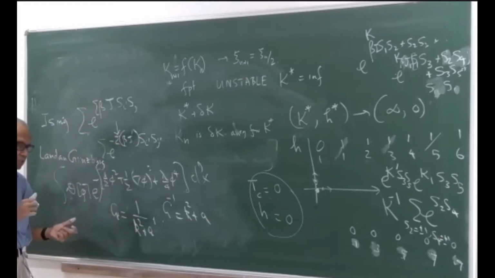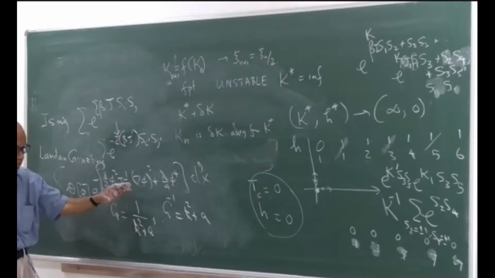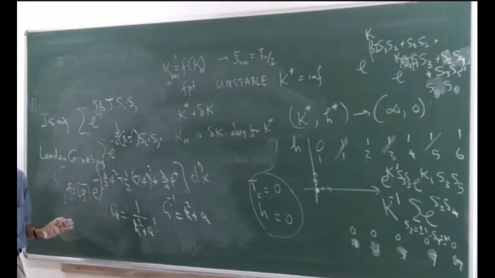Except now I have to get a different set of ways for making things finite, because this divergence comes in a different region of space.